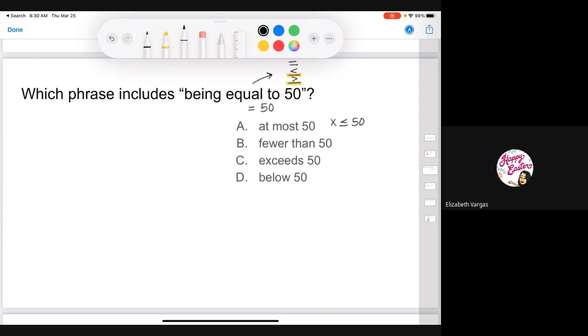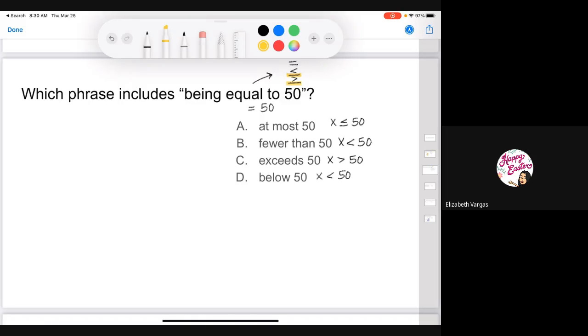Fewer than 50, on the other hand, is basically X is less than 50. It has to be fewer than, cannot be equal to, it has to be less than 50. Exceeds 50 means that X has to be greater than 50, because if it's going to exceed 50, it has to be greater than that, cannot include 50. And then below 50 again has to be less than 50.